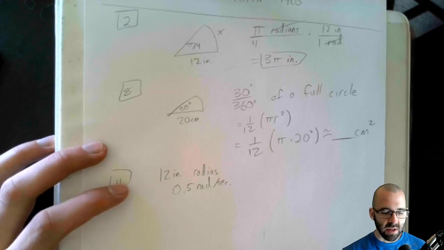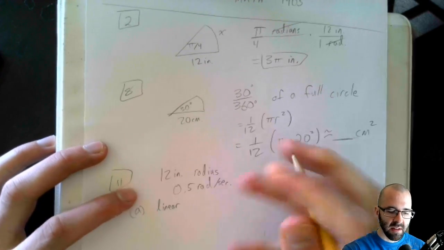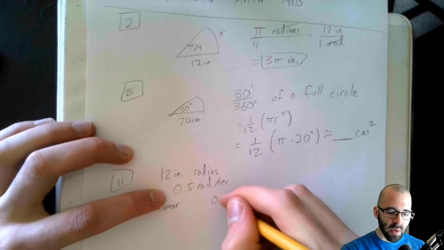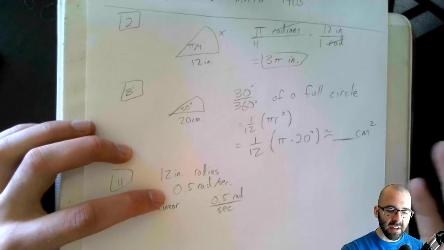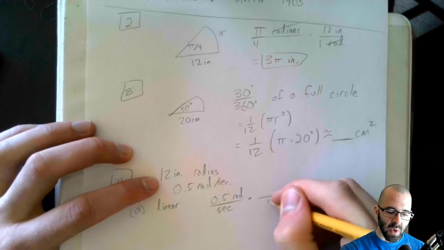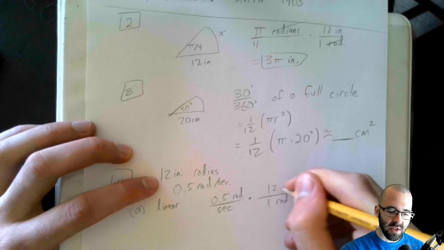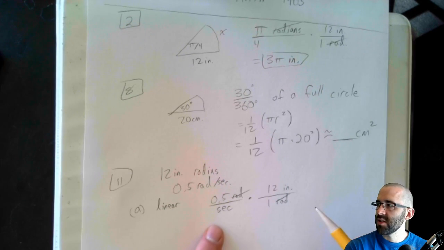And what is it in degrees per second? So linear speed, right? Well, we have 0.5 radians per second. We just need to convert that to linear speed. So unit conversions. 1 radian is 12 inches, right? Now we multiply this out and we get inches per second.